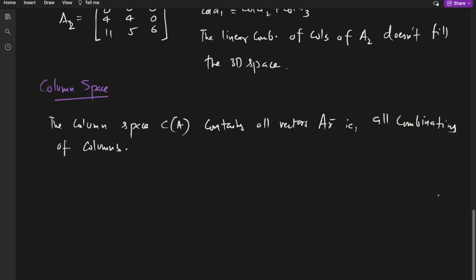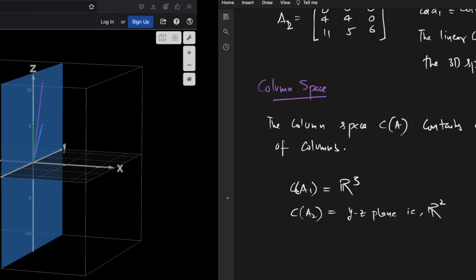All right. So we can say that the column space of A1, the above matrix, is the entire R cube. But the column space of A2 is the YZ plane. That is R2, because the plane is R2, right?